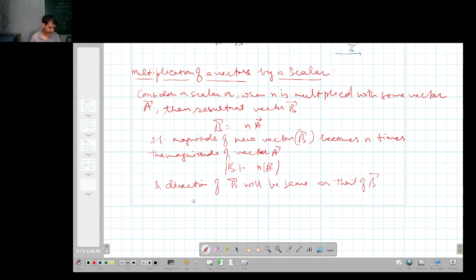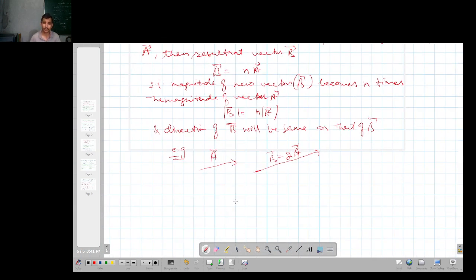So for example, I am having a vector A, it is pointing along this direction, then another vector B is twice of A, so it is pointing along the same direction as that of A, but its magnitude is double of this one, right? Also there is another possibility. If say I am having a vector X, then a new vector Y is said to be 1 by 2 of X if its magnitude is half of this.